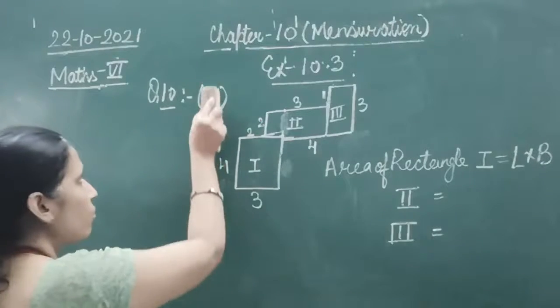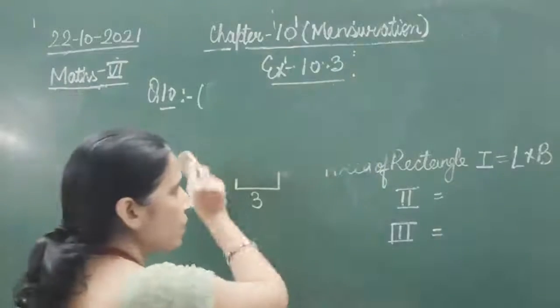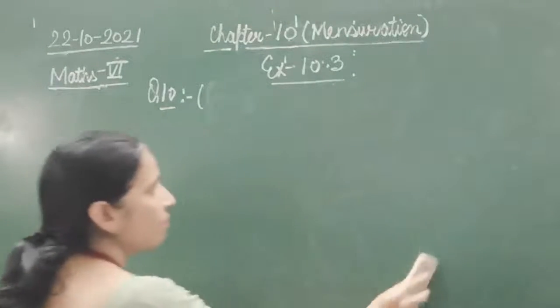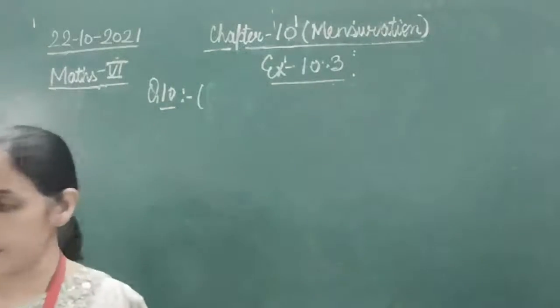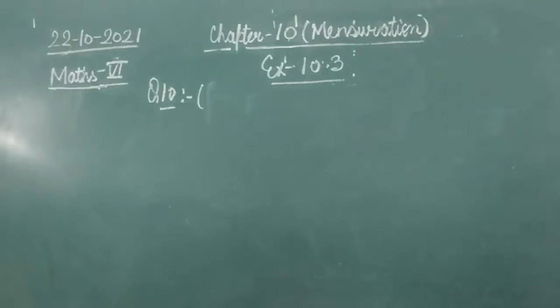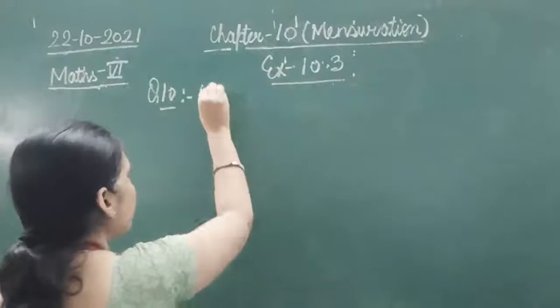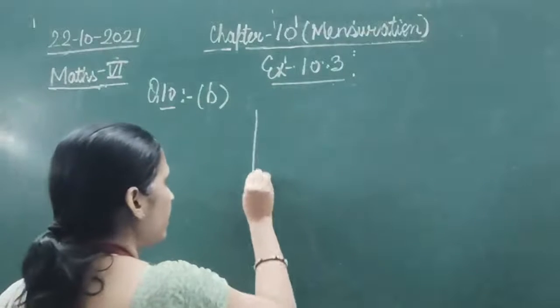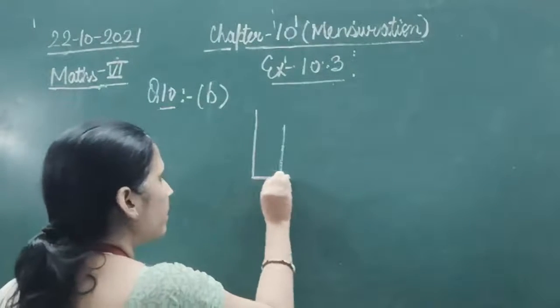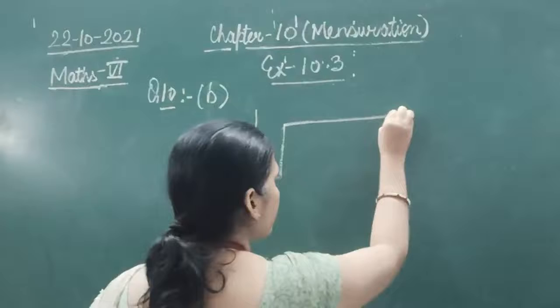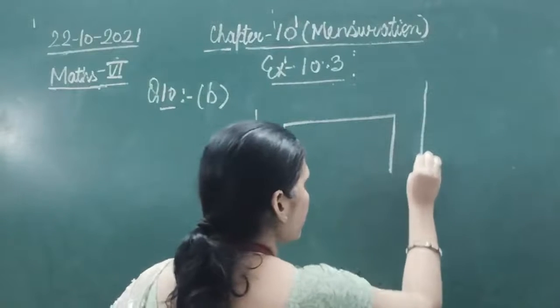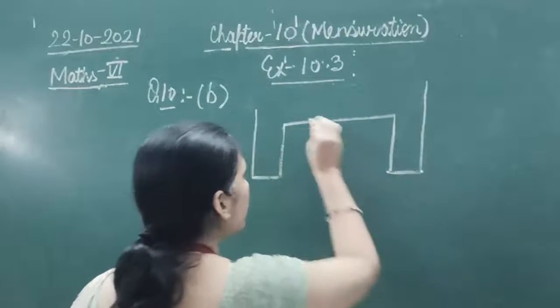B part, again one more figure is given to you. By splitting it into rectangles, you can find its area. Such a kind of figure is there, this kind of figure.